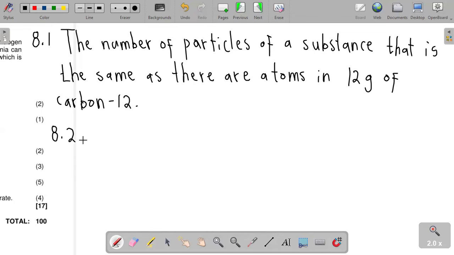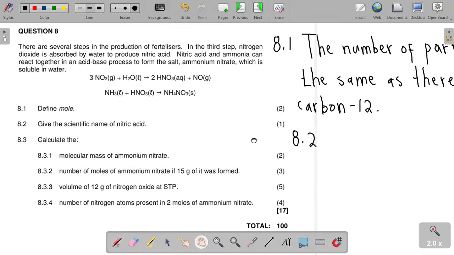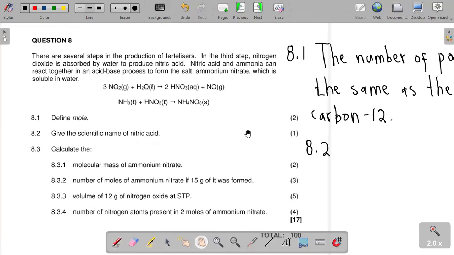And then, let us read the question together. It says there are several steps in the production of fertilizers. In the third step, nitrogen dioxide is absorbed by water to produce nitric acid.